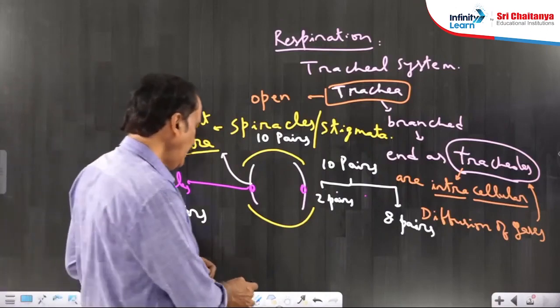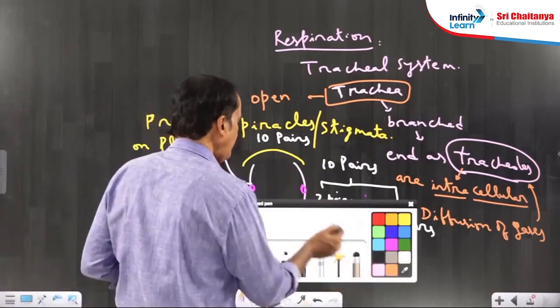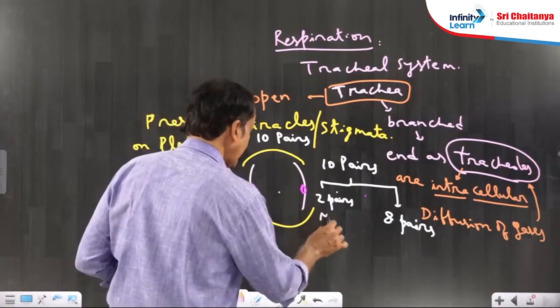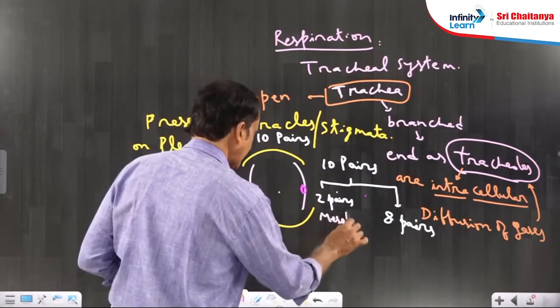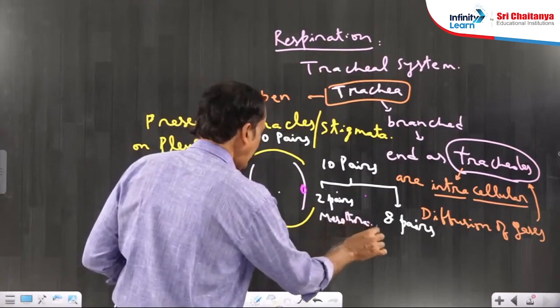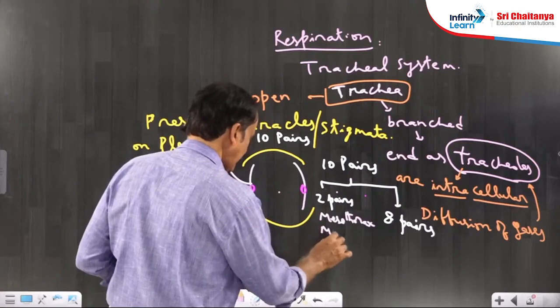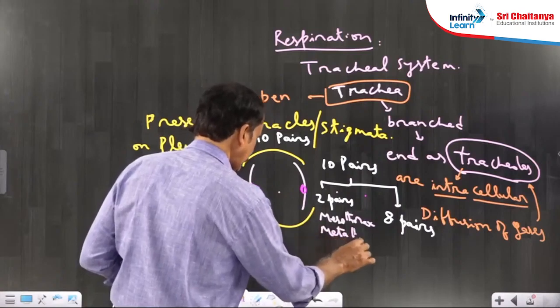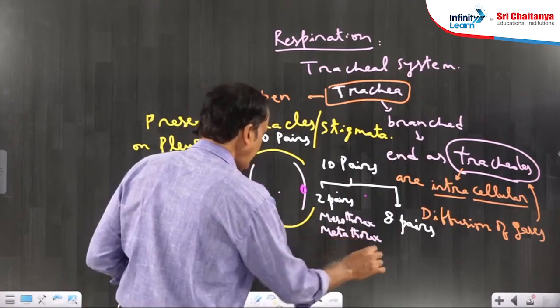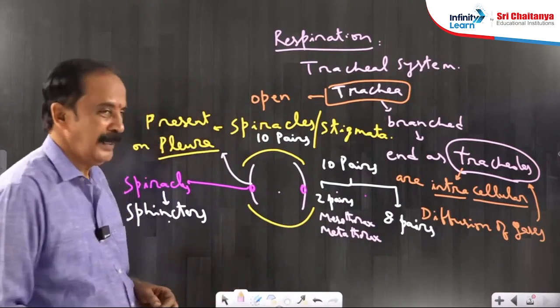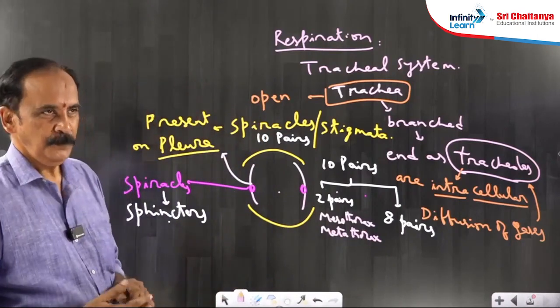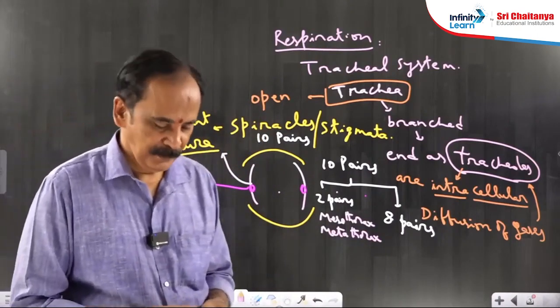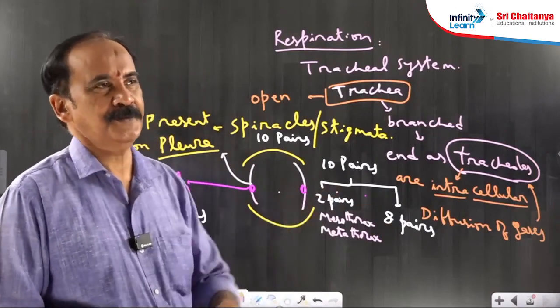So 2 thoracic pairs are present, 1 pair in the mesothorax and 1 pair in the metathorax. Prothorax is without spiracles.